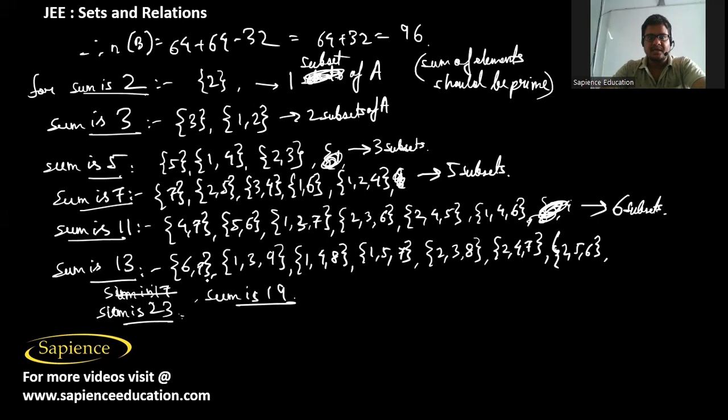If we add all these, we will get 42 subsets of A. So the number of elements in the set C is 42.